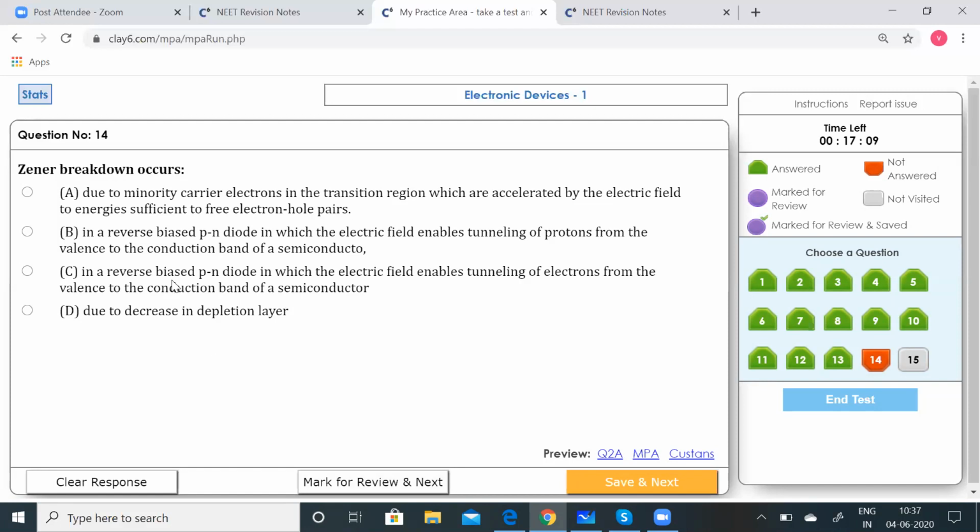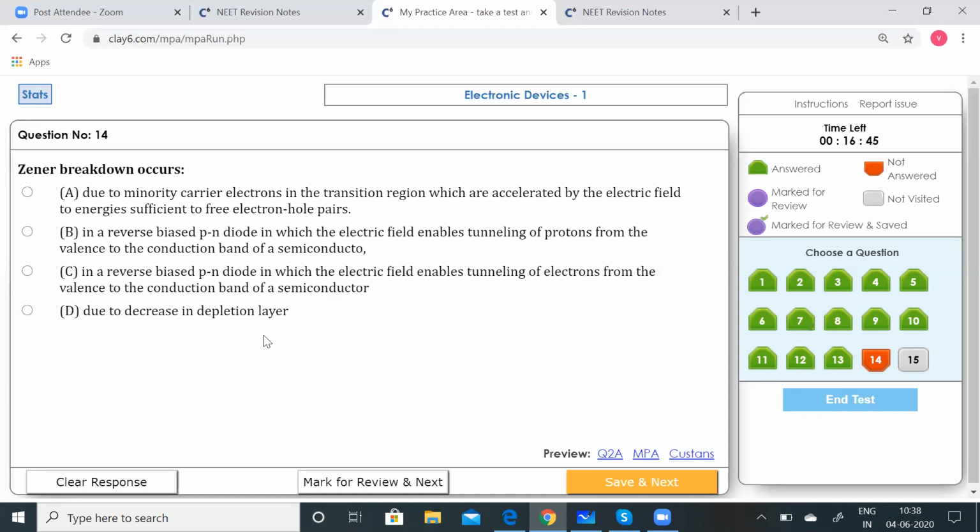In the reverse biased PN diode, in which the electric field enables tunneling of protons from the valence to the conduction band of the semiconductor. In a reverse biased PN diode, in which the electric field enables tunneling of electrons from the valence to the conduction band of the semiconductor due to a decrease in depletion layer.